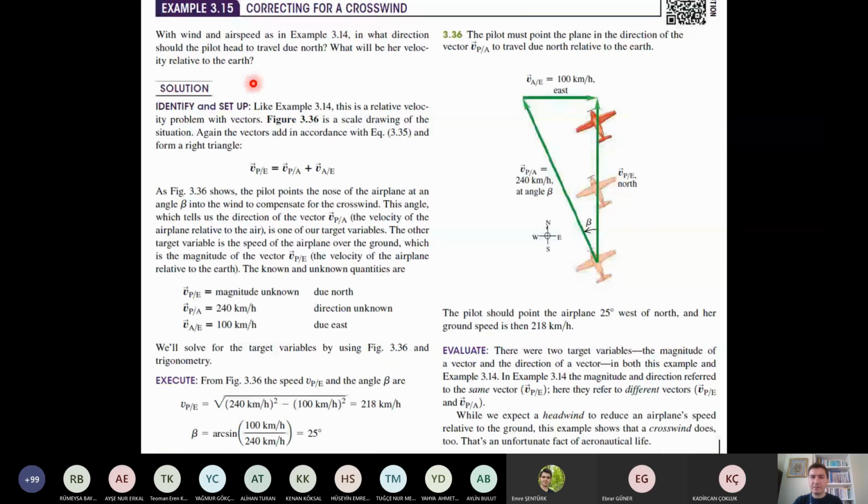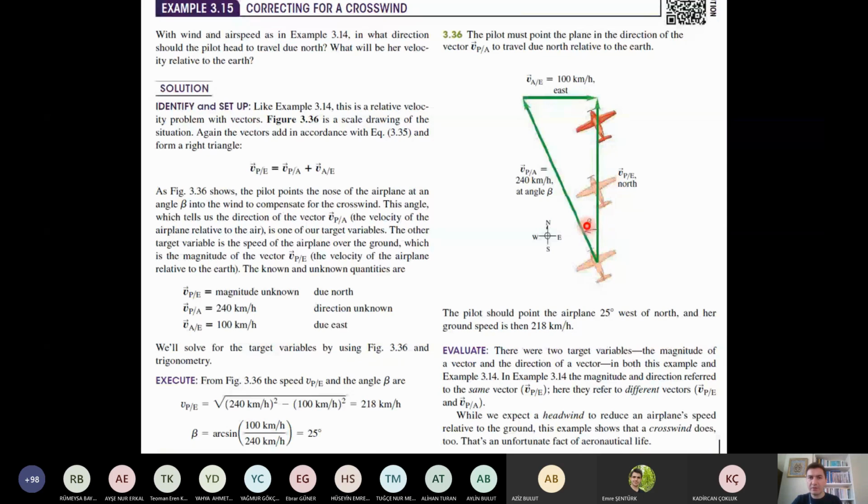It says that the velocity of plane relative to air will be the same. Velocity of air, velocity of wind is also 100 km per hour to the east. And now we have a different direction for the plane, and then the resultant vector will be like this, right? Again, we have a vector addition here.